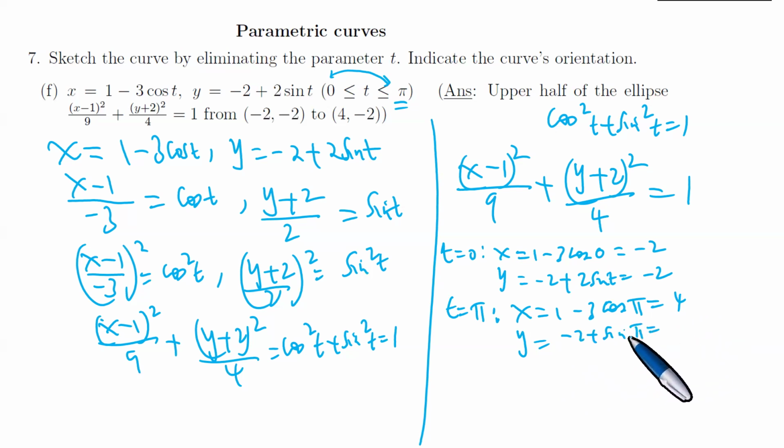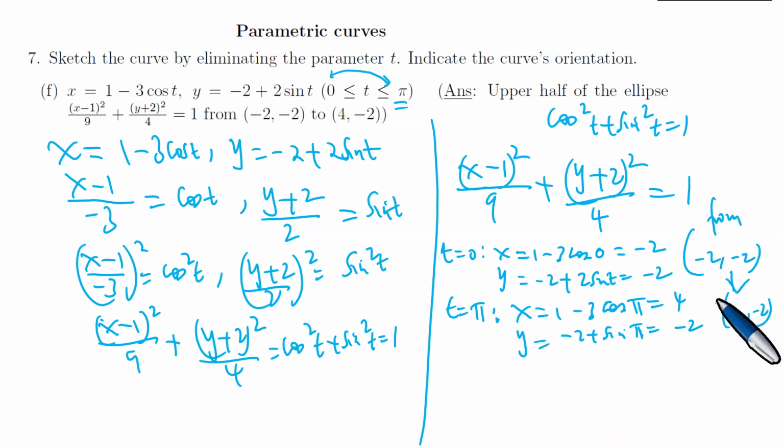And then this one is going to be sine pi, which is 0, so y is -2. So the point is going to be -2, -2, and then it's going to go to x 4, y -2. So it's sort of going to be from this one to that one.